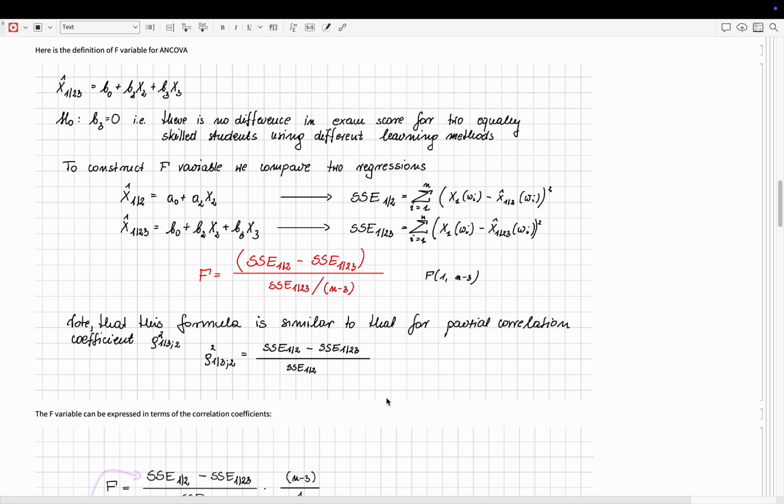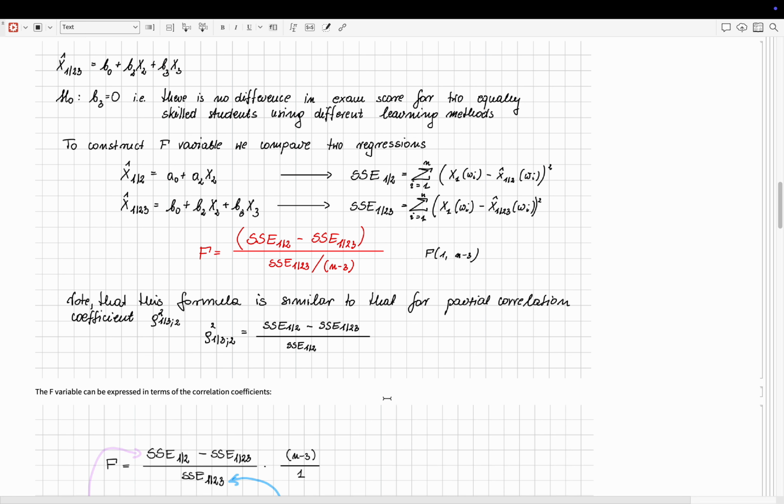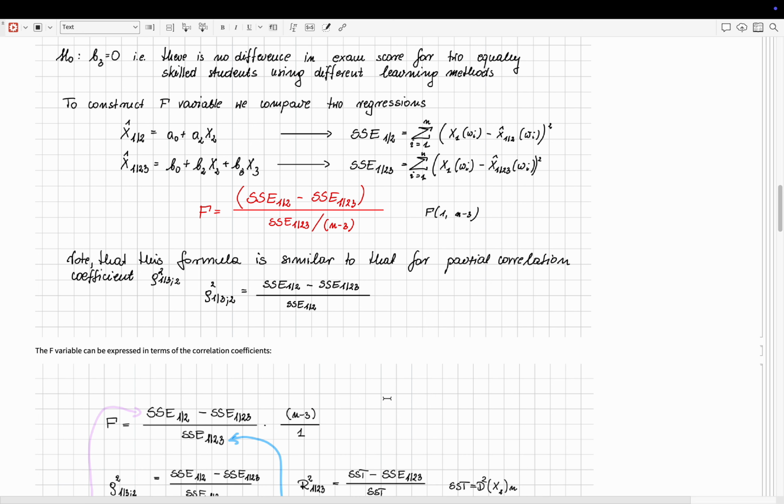The F variable can also be expressed in terms of correlation coefficients. Of course, the formula that I'm going to derive now is valid only for such a case when we have a dependent variable, one covariate, and one experimental variable.